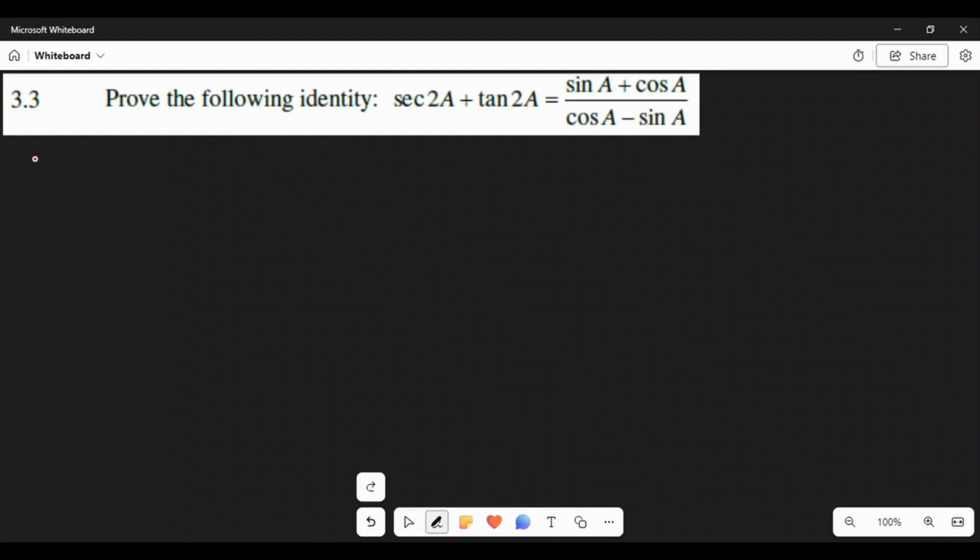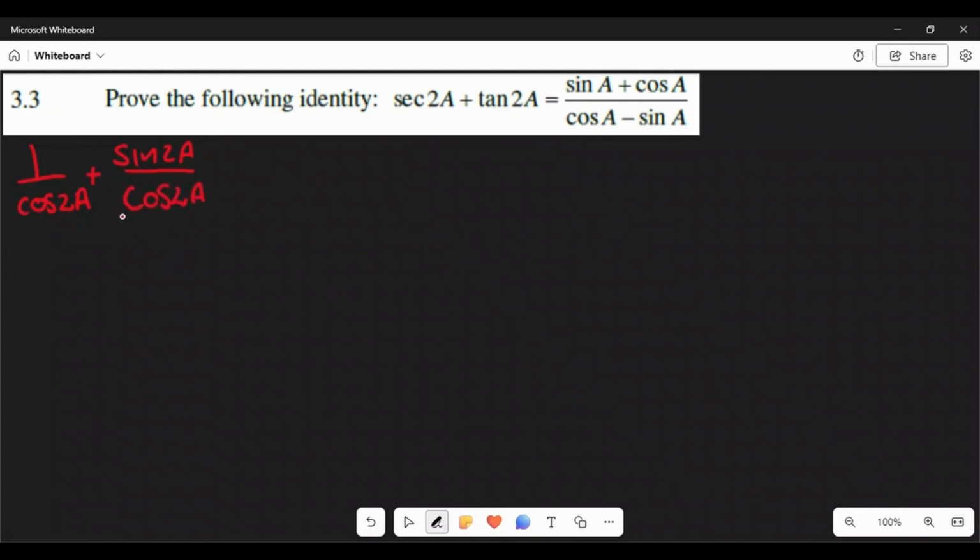Just in case you don't remember the inverses, you can go to the description. I made a video about inverses. So 1 over cos 2a plus, now for tan, you can change it into its quotient identity, which is sine 2a over cos 2a.